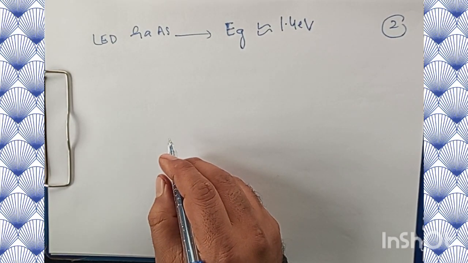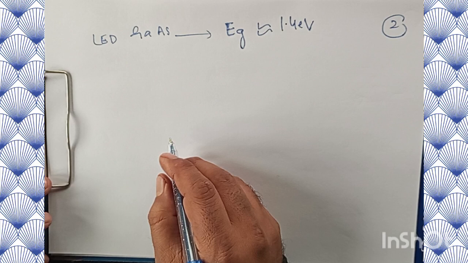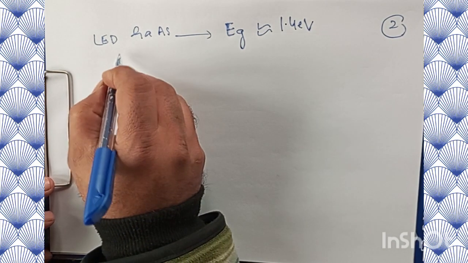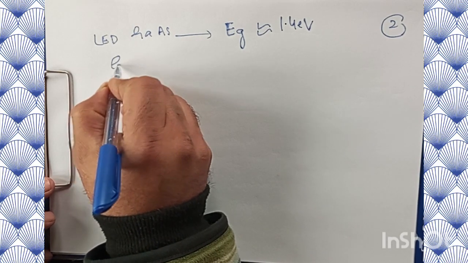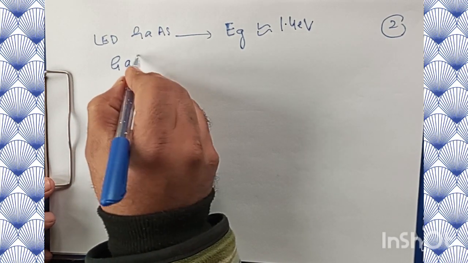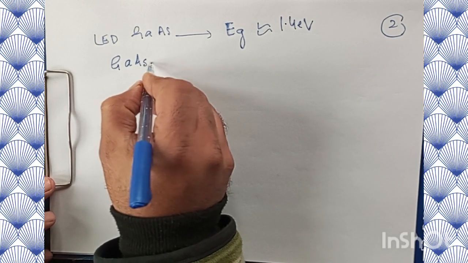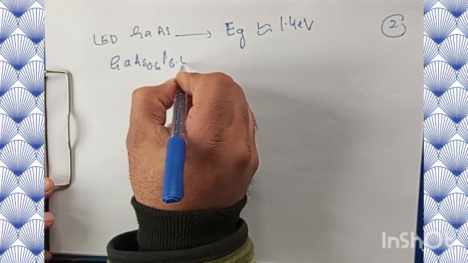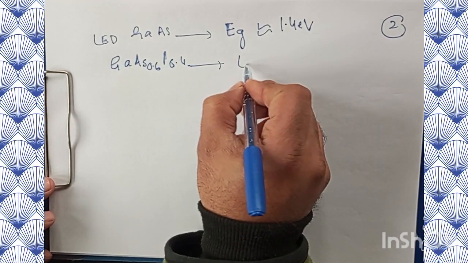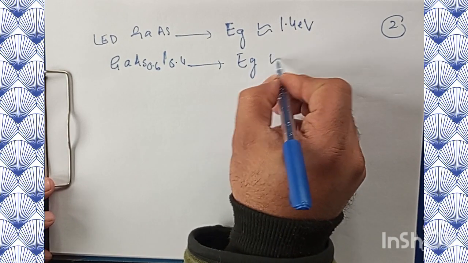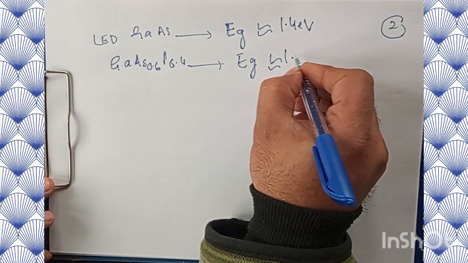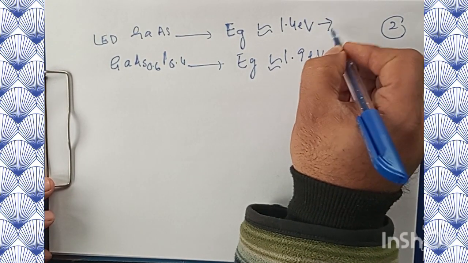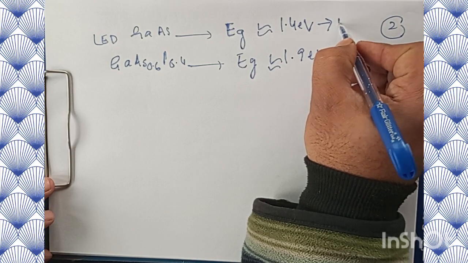And if we take a more precise elemental composition of this gallium arsenide and add some phosphorus, we will have GaAs 0.6 and phosphorus 0.4. Now here we can see that the band gap is nearly 1.9 electron volts. Now this energy is again suitable for infrared.